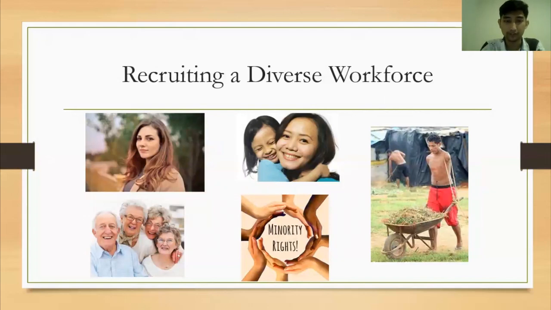Recruiting diverse workforce. So this is something that is enforced by employment laws. So we must not discriminate against people such as single parents or elderly people, minorities, and handicapped people, if they want to apply for a job, as long as they fulfill the requirements.